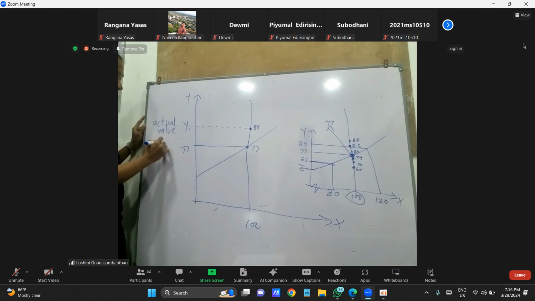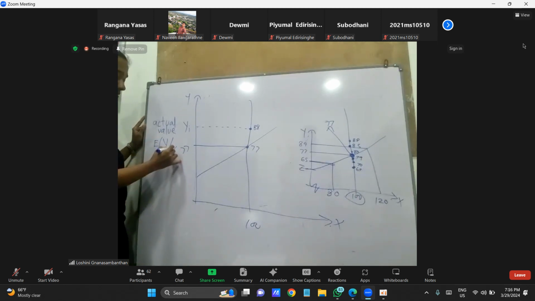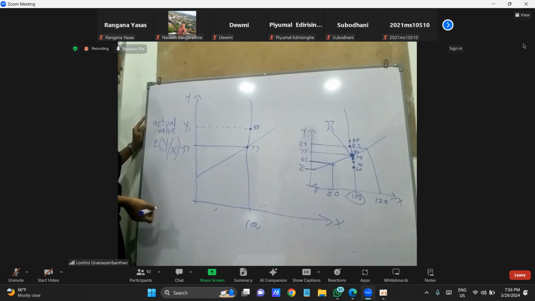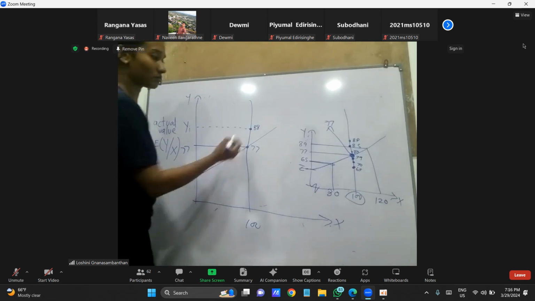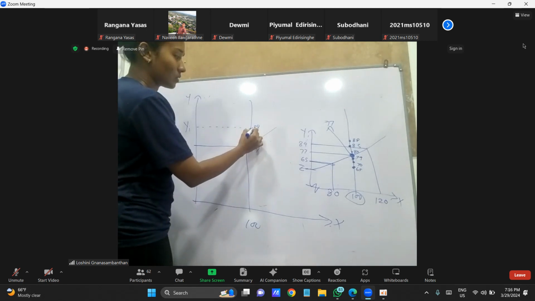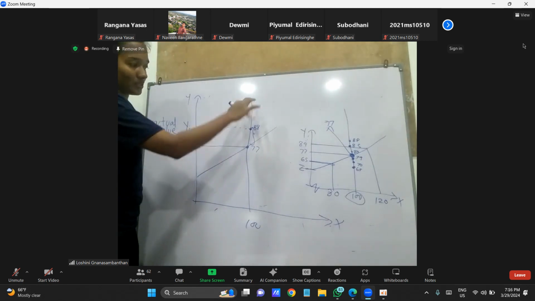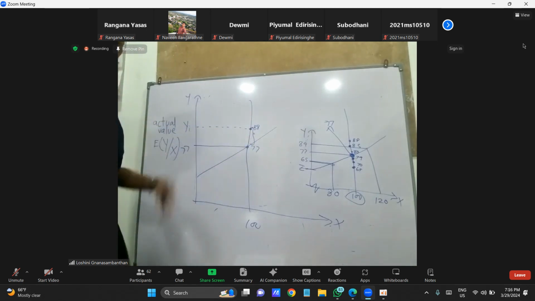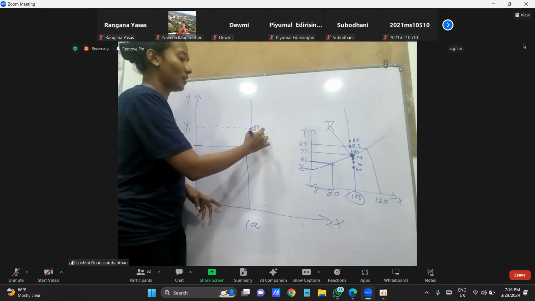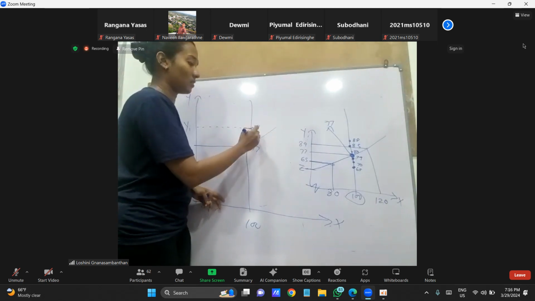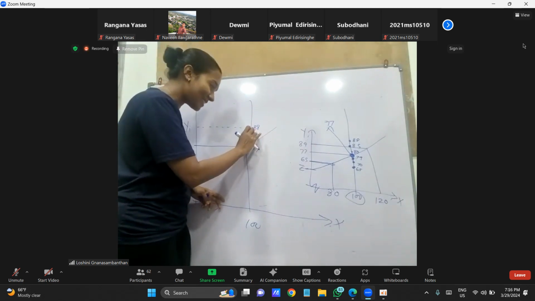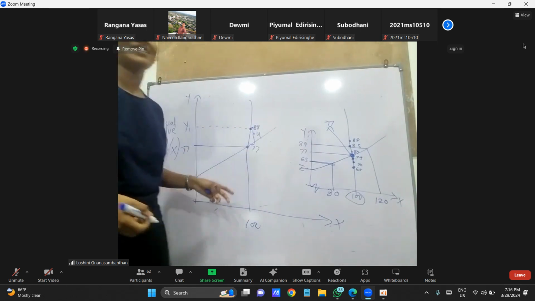It's not 70. Conditional mean of y given x, right? So what do you say for this deviation? You say error, right? You represent it by u.